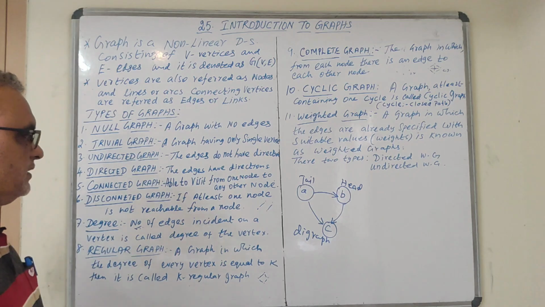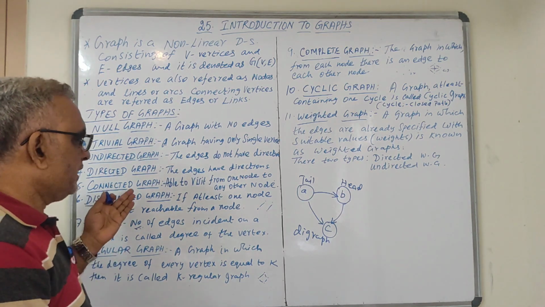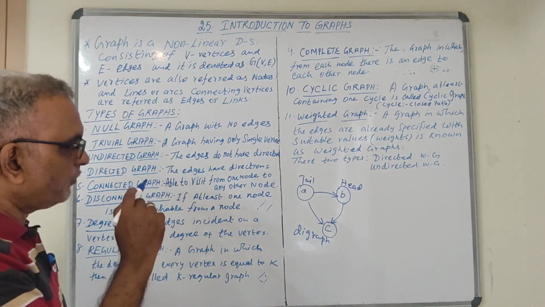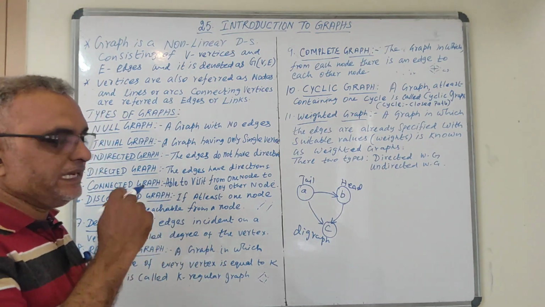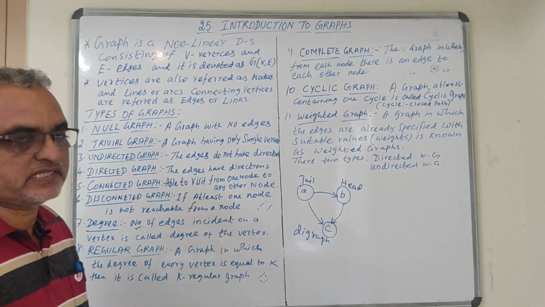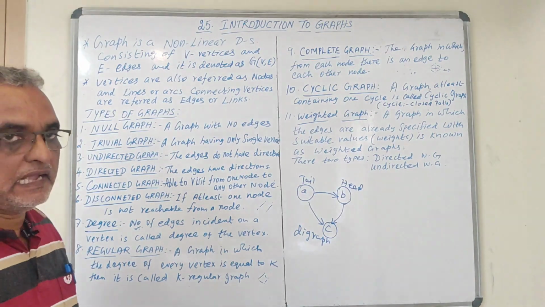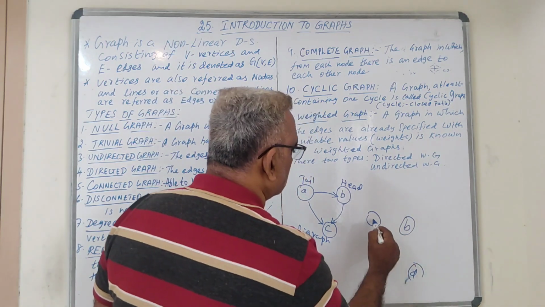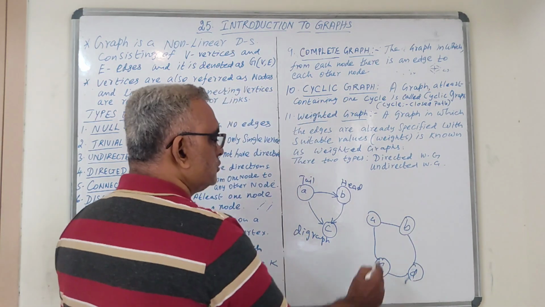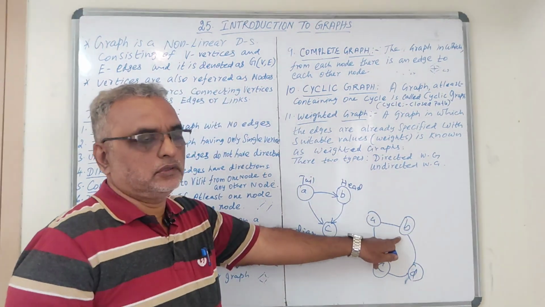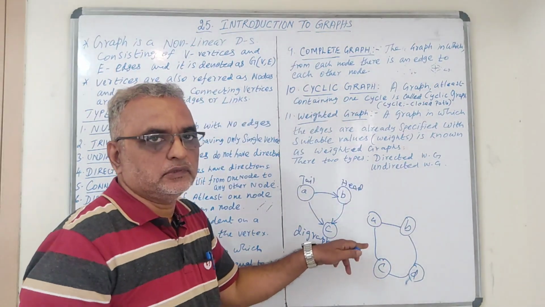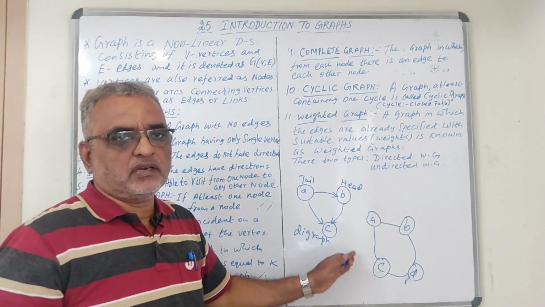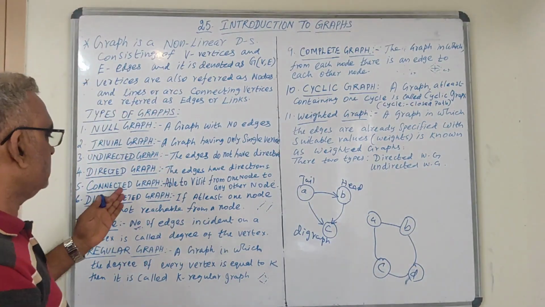The next one is connected graph. In a connected graph, we are able to visit any node from any other node in the graph. See, if you take this A, B, C, D, and from one node you are able to visit any other node, then we can call it a connected graph.